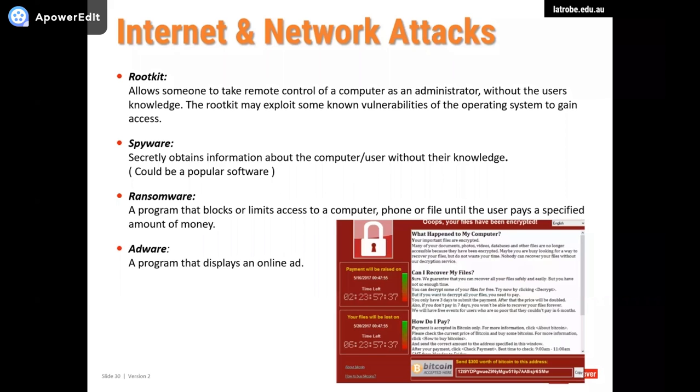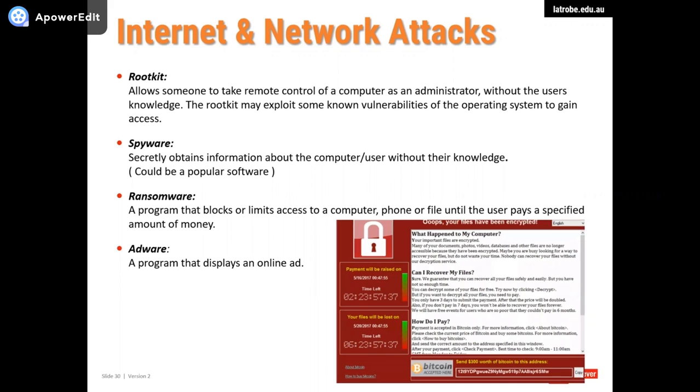For example, Facebook: is that spyware? You enter all your personal information into Facebook, but do you have any idea how people use your information there? It's the same with Instagram and Twitter. Some people say that's spyware, but it depends on how you define spyware.